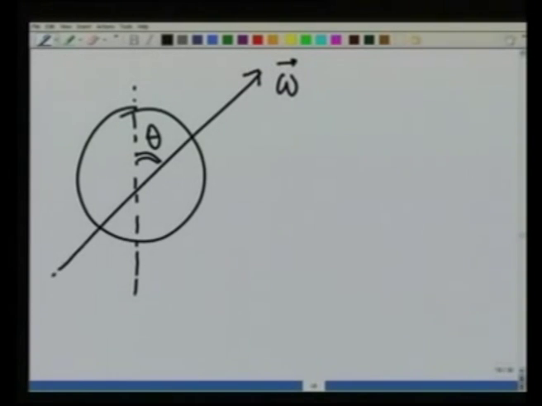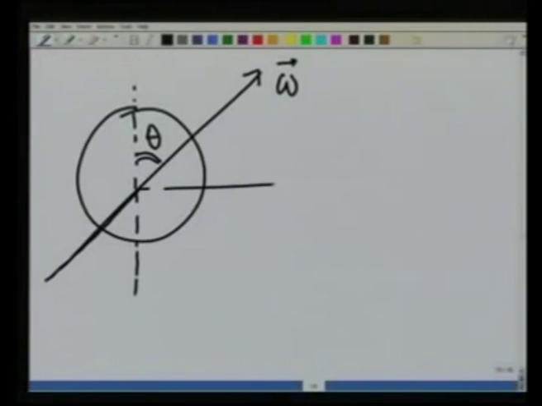The axis of rotation makes an angle theta with the vertical. And now I ask, what would be the eventual rolling speed of this ball? I know if omega points exactly up, then the ball cannot roll. Eventually it will stop. I know if it is pointing this way, it will roll with a certain speed that we can calculate. How about when it makes an angle?